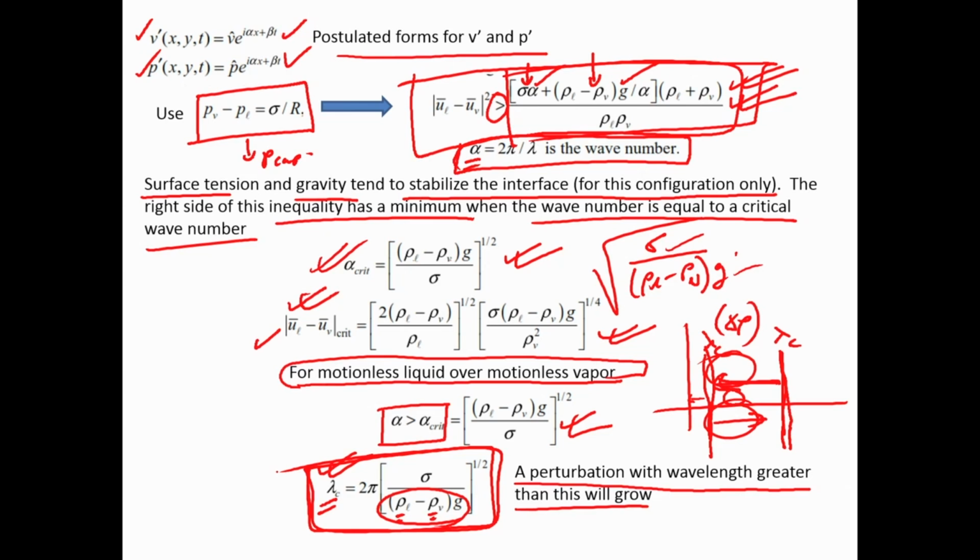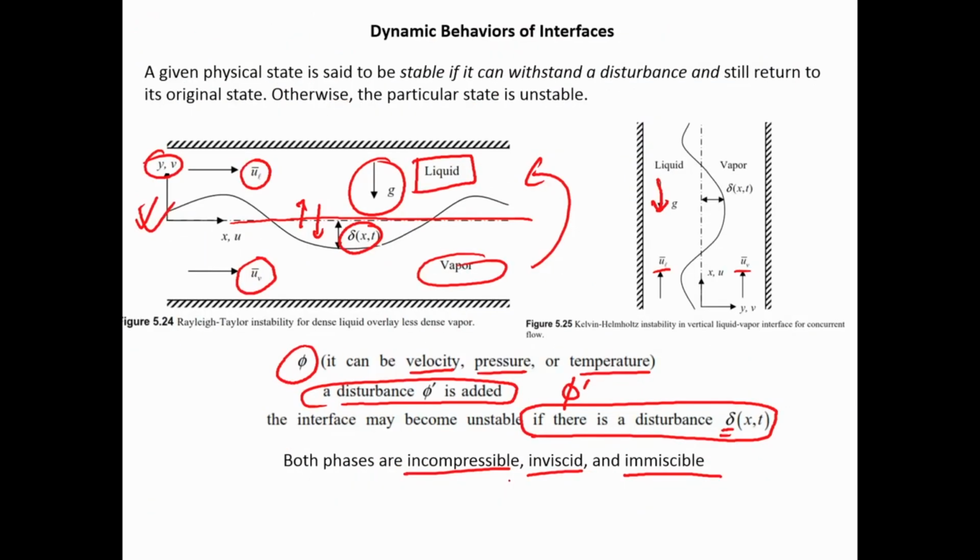And you should always remember that surface tension and gravity try to stabilize the interface. So, you have to fight against them, and that is exactly what you are doing by making your wavelength greater than that. This particular thing has a celebrated name, it is called the Rayleigh-Taylor instability.